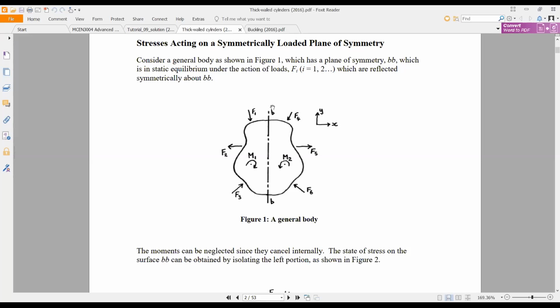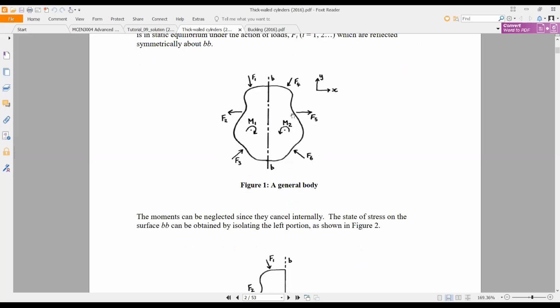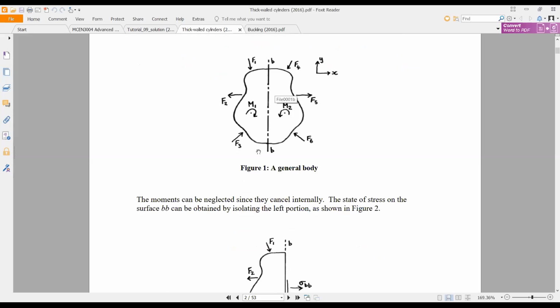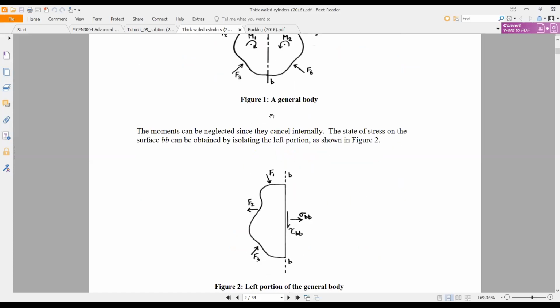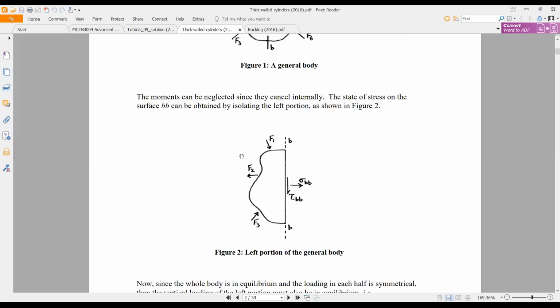That is the meaning of equilibrium, static equilibrium. Then you can separate this system, this image, by this BB axis. You will get exactly half of the image because it is symmetric around the BB axis.